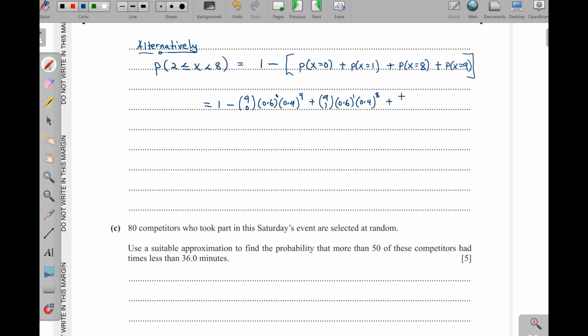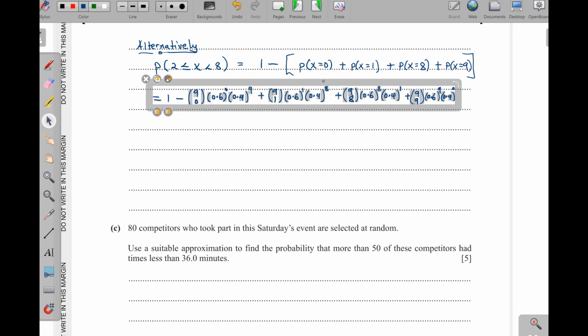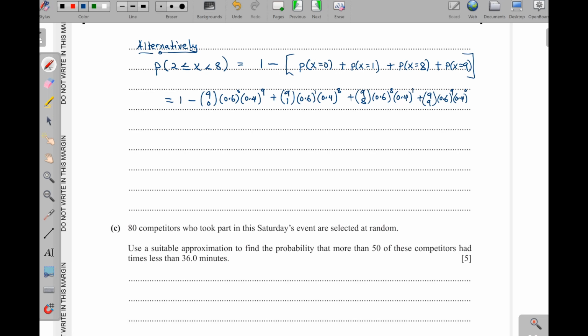Then for 8, it will be 9 combination 8, then 0.6 power 8, then 0.4 power 1, and then lastly, it is going to be 9 combination 9, then 0.6 power 9, and then 0.4 power 0. You see that? So all of these ones here, then we subtract from 1.